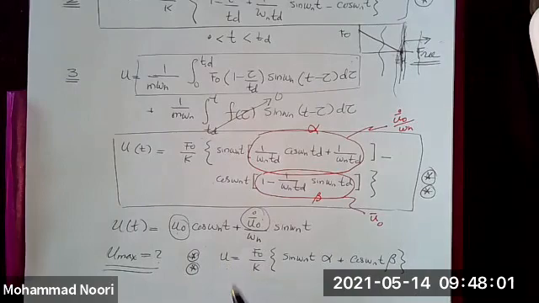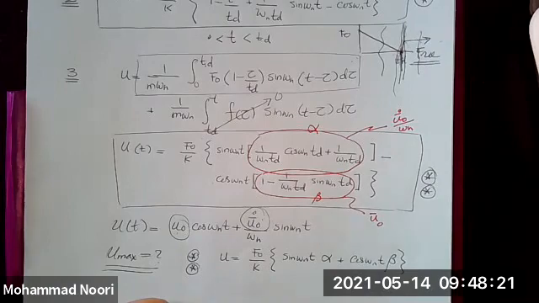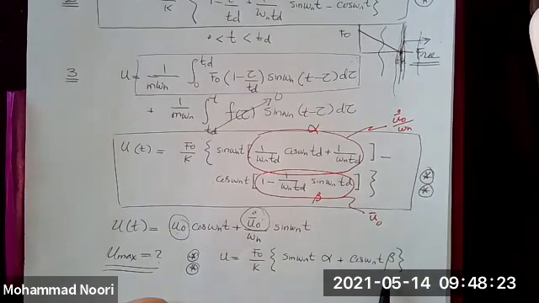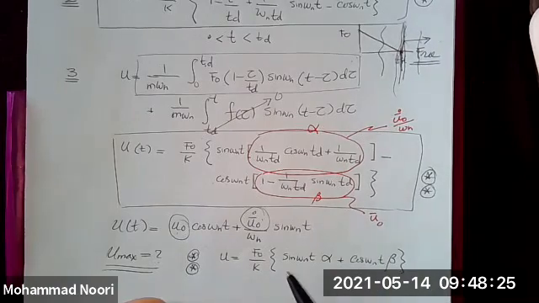Anybody, can you remember how we do it? You don't have to take the derivative and equate that to zero to find the time corresponding to that and put it into this equation to find the maximum u. You can see very easily what the maximum value of this function would be, right?